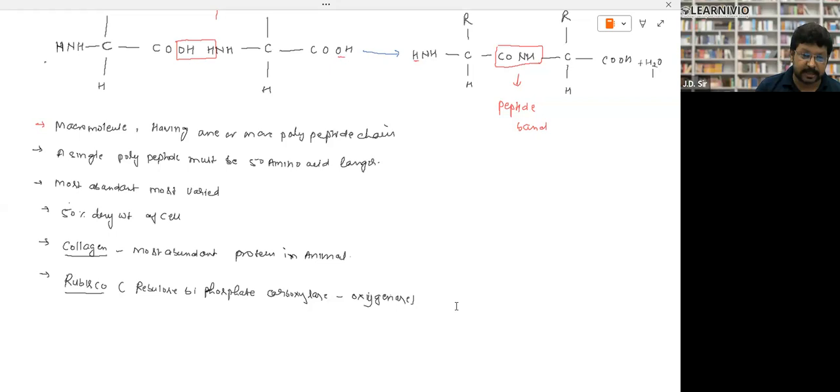The minimum length of a polypeptide: a single polypeptide must be at least 50 amino acids long in order to qualify for this term.